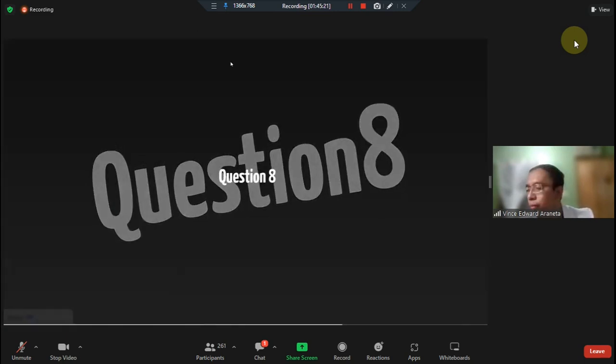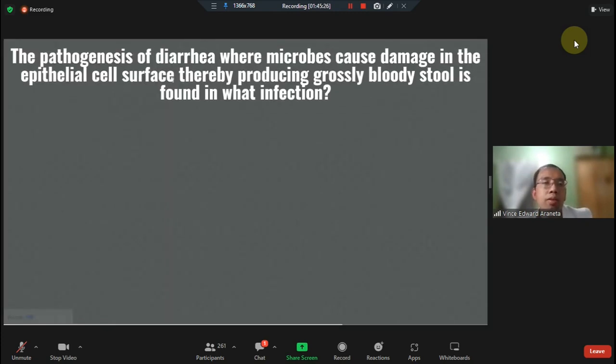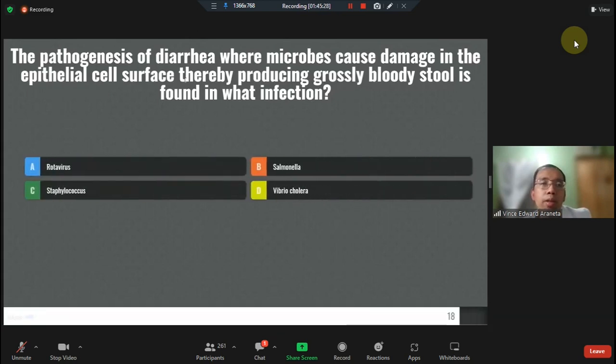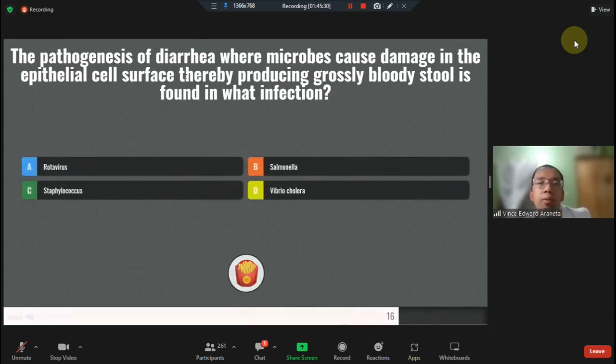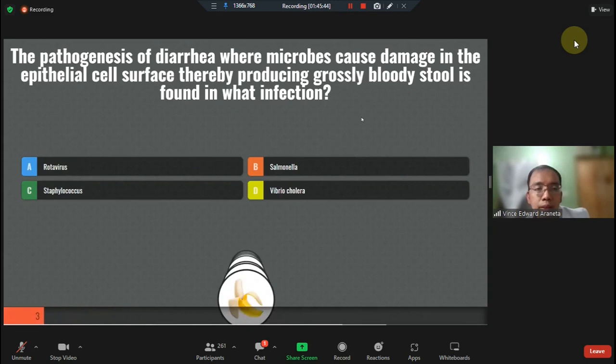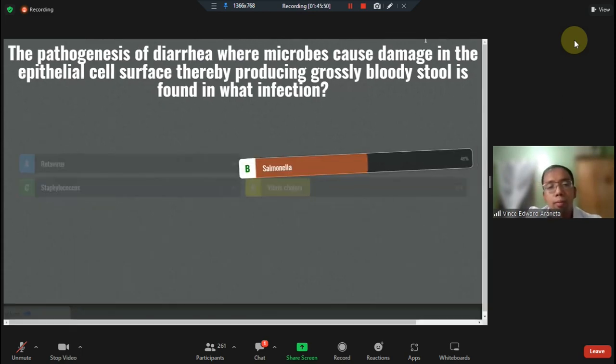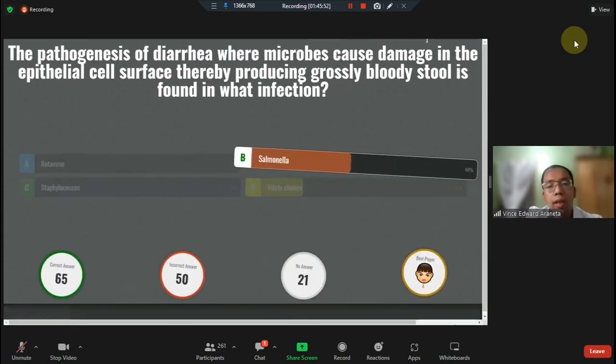And 8. The pathogenesis of diarrhea, where microbes cause damage in the epithelial cell surface, thereby producing grossly bloody stool, is found in what infection? Salmonella.